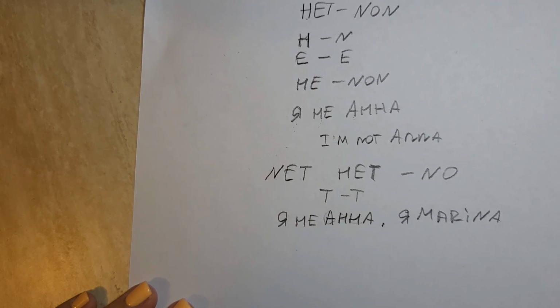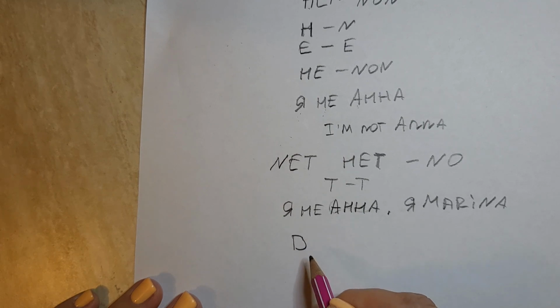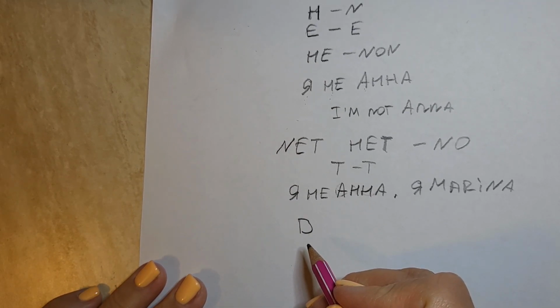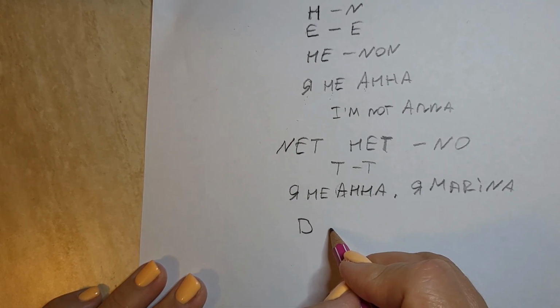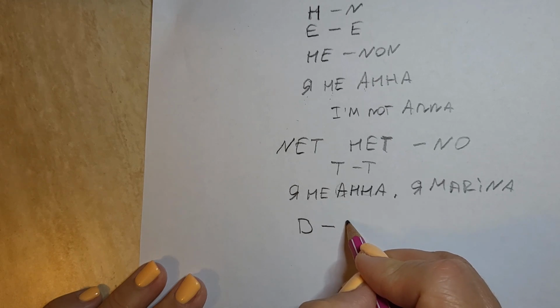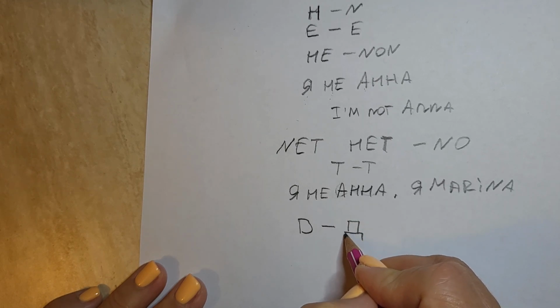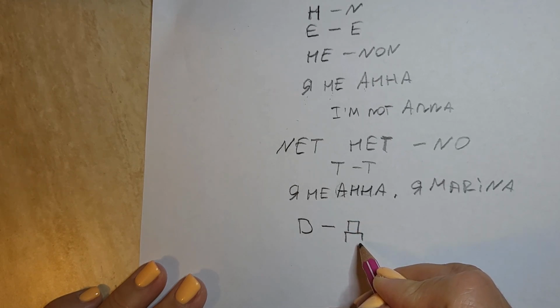The letter D in Russian has the same sound, but it's written like a house, a home.